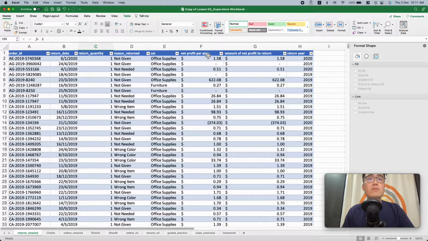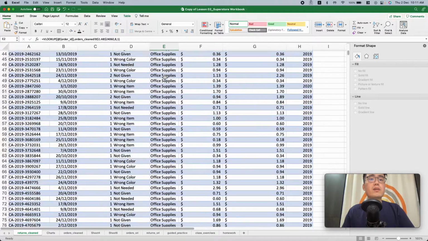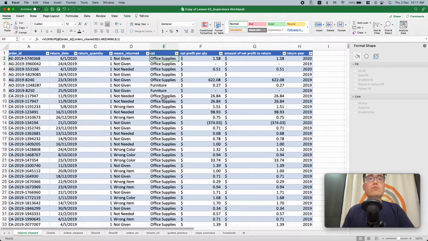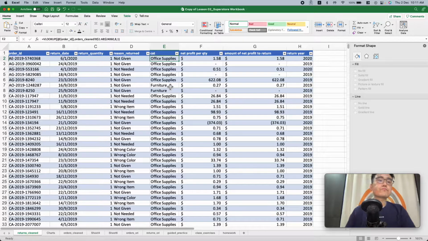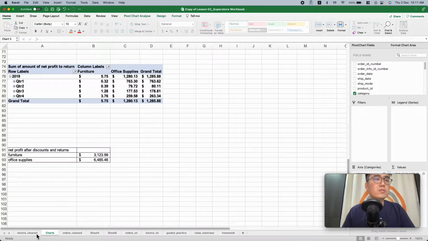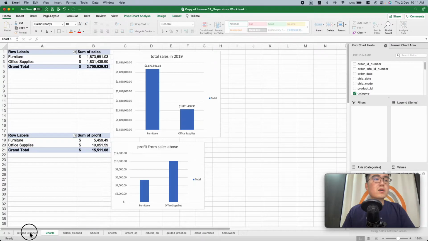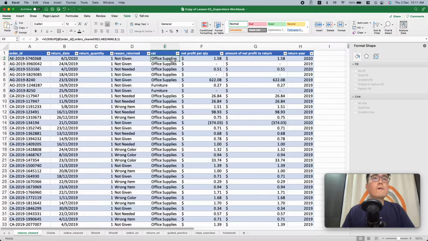So the net profit per quarter. So I did a VLOOKUP on this. So I search for order ID. Oh, sorry. Let's go through the category first. Yep. So in order for me to do slicing or filtering in the pivot table, which is over here, this chart, I created another column, which is the category of each ID, so I can do a pivot table and filter it out.